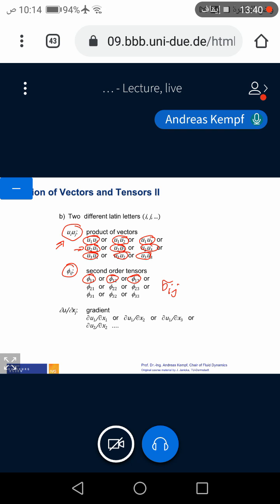And down here we have the gradient of the velocity, del ui del xj, and this, in this case, is certainly a matrix. So the gradient of a vector field becomes a matrix, and here we have del u1 del x1, del u1 del x2, del u1 del x3, del u2 del x2, and so on. Now, since this is very important for the further class, any questions?